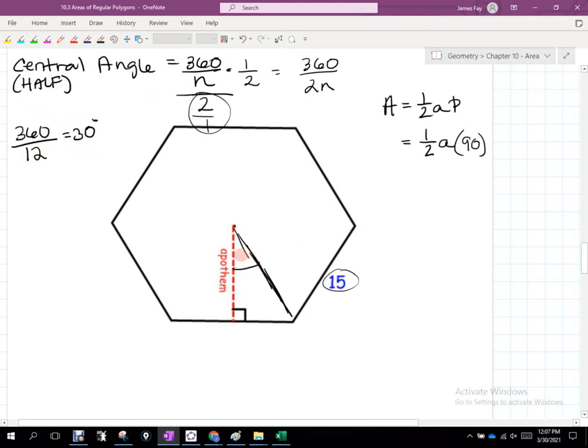So that angle is 30 degrees, which is nice, because now it's a 30, 60, 90 triangle, correct? What is this distance right here? What is this distance? 15. So just take a stab in the dark. What do you think this distance, the smaller distance, is?